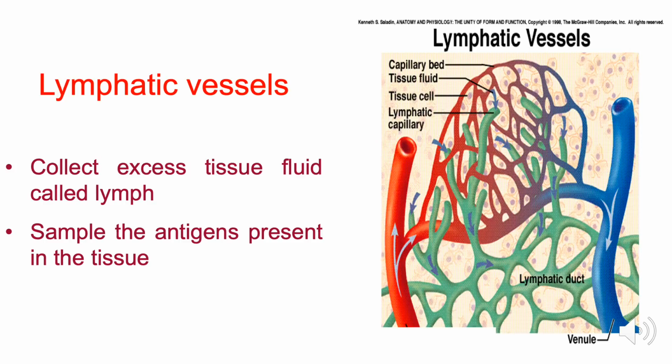The function of the lymphatic vessels is to collect the lymph that has leaked out from the capillaries. But aside from that, these lymphatic vessels can sample the antigens present in the tissue or organ. What do we mean by lymphatic vessels sampling the antigens present in the tissue or organ?